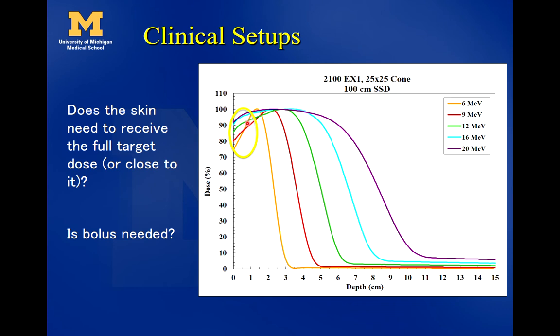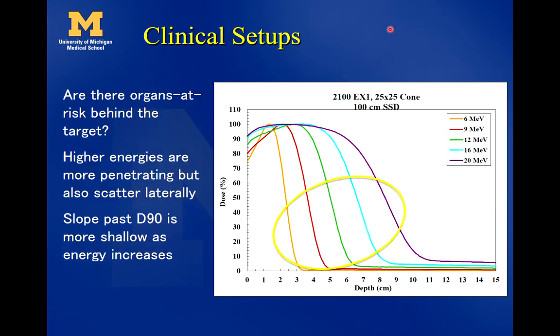With this 6 MeV beam, we'll take it to about 90% at the skin surface if I throw a centimeter of bolus on there, about the same for the 9 MeV, whereas the other beams like 12, 16, and 20 are doing about 90%, and that's like 92% right at the skin surface without bolus.